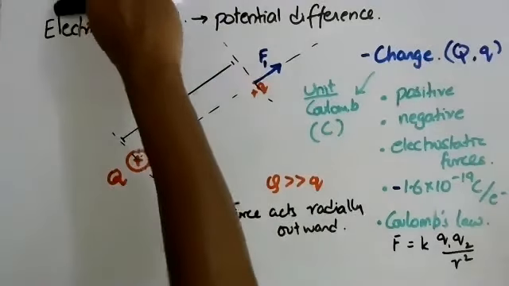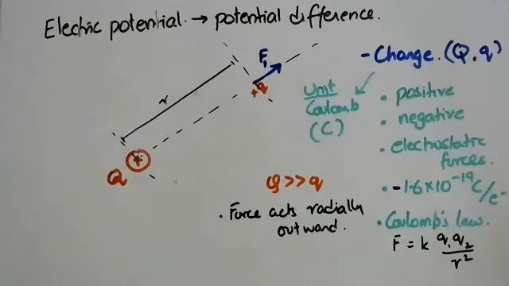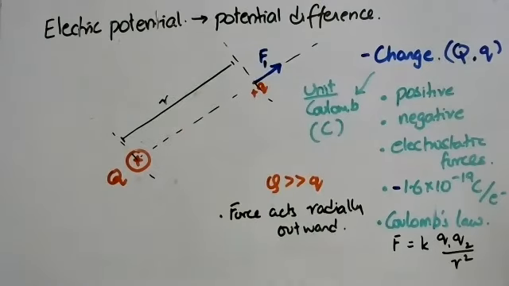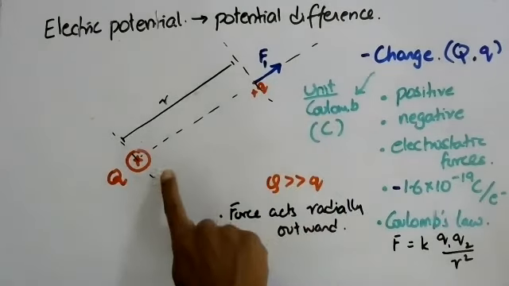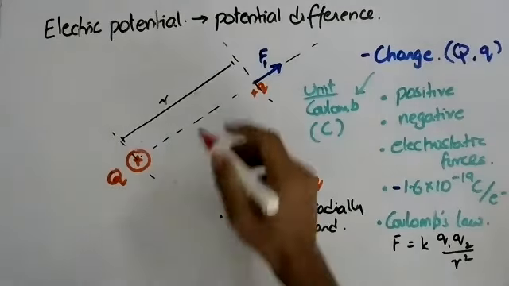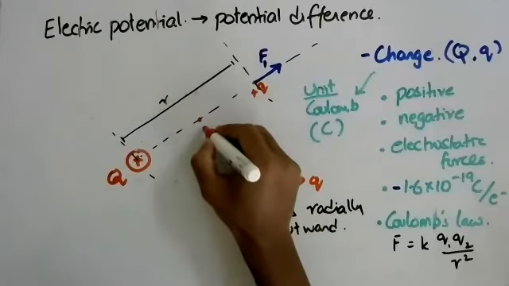Now let's say that this positive test charge is pushed, okay, and it is brought closer to Q. So it's no more in that position. I did some work, I worked very hard, I caught hold of the positive Q and I pushed it against the force of repulsion of this large charge, and I brought it to a new position, let's say somewhere here.